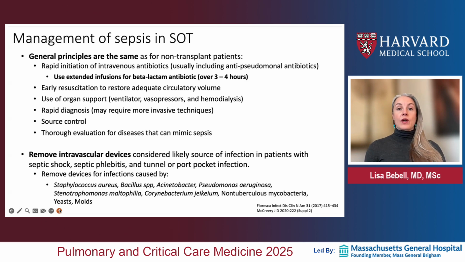I also recommend that you have a lower threshold to remove intravascular devices that could be a source of infection for septic shock, septic phlebitis, or tunnel, port, or pocket infection. And you definitely need to remove devices when they are contaminated or infected with Staph aureus, Bacillus species, Acinetobacter, Pseudomonas, Stenotrophomonas, Corynebacterium, NTMs, yeast, and mold.